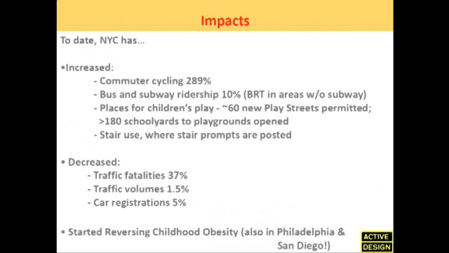We've increased the places for children's play, including the play streets that I've spoken about, but also we've been converting schoolyards to community playgrounds that are open after school hours and on weekends. We've increased stair use wherever we put those stair prompts. We're working with architects to design better buildings for stair use. At the same time, we've decreased traffic fatalities, traffic volumes, and car registrations.